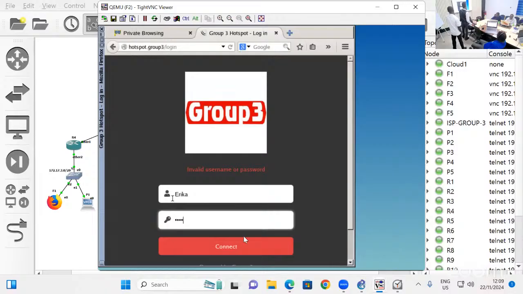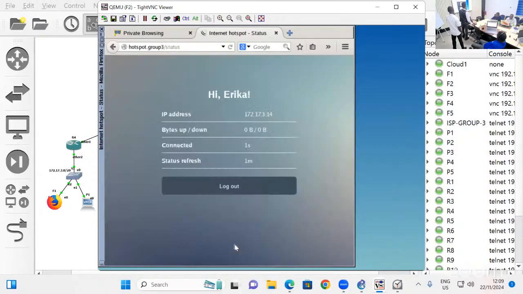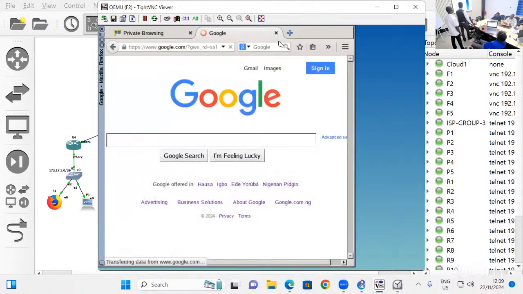TEST. Okay, good. So your captive portal is working. Can we go out to the internet from your local hosts? Okay, so you can go out to the internet.